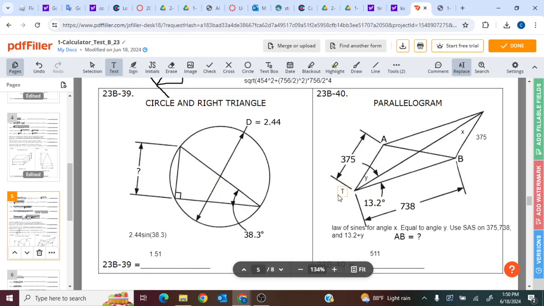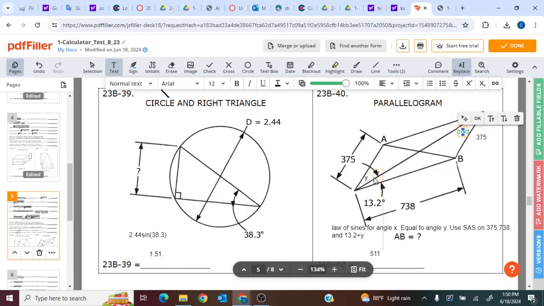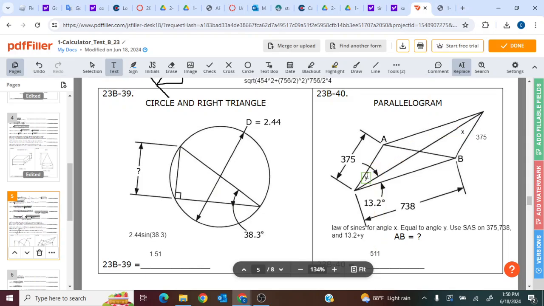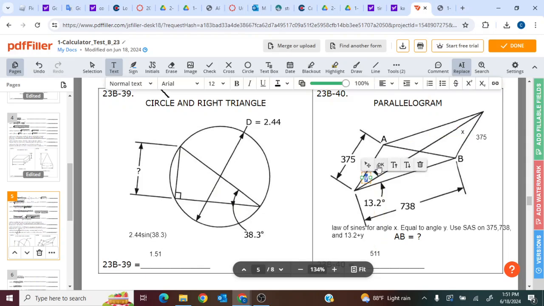40, a parallelogram. You need to figure out interesting facts about parallelograms. This side is equal to this side, and this side is equal to that side. So this side is 375. Then you can use law of sines, sine of this over that times 738, and sine inverse of the entire thing to solve for this angle x, which because of how parallelograms work is equal to this angle y over here.